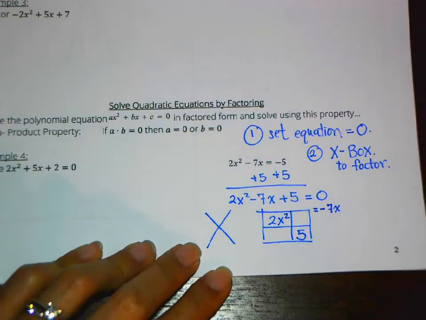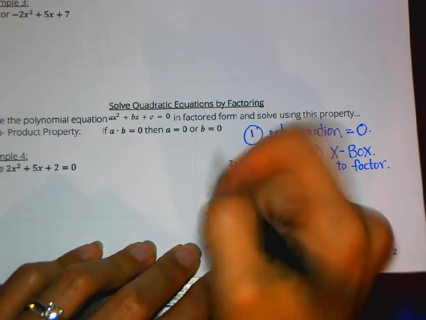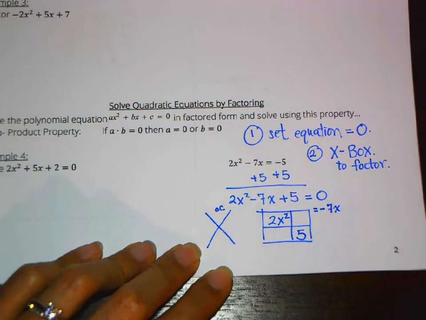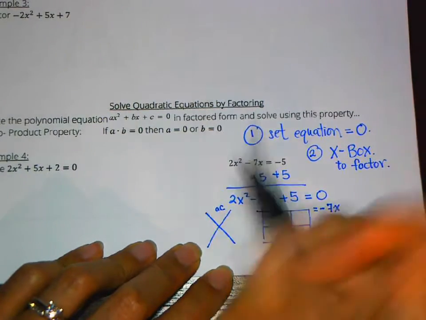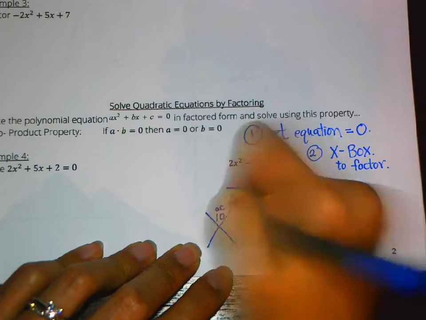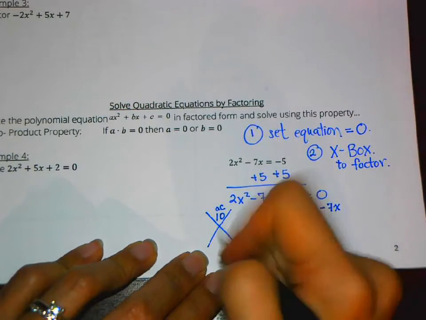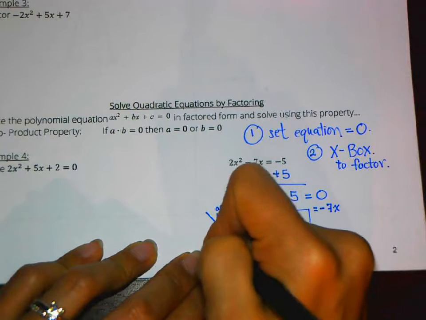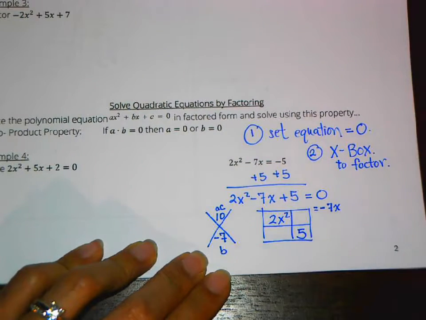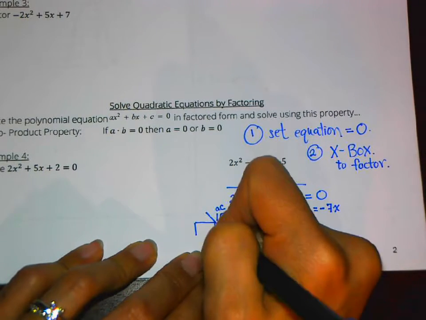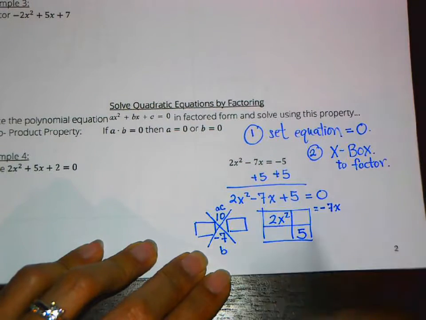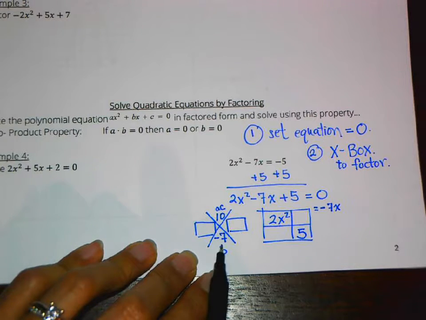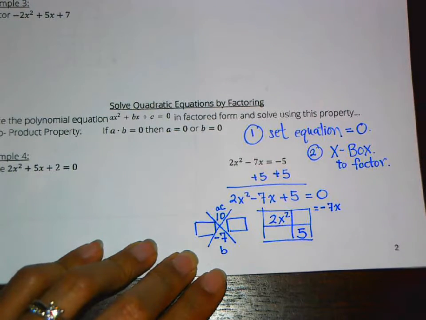That's what I'm using the X for. A times c goes on top, so a is 2, c is 5, so 2 times 5 is 10. The b goes on the bottom, b is negative 7. So I need to find two numbers. Something times something equals positive 10, and when I add these two numbers, it needs to equal negative 7.